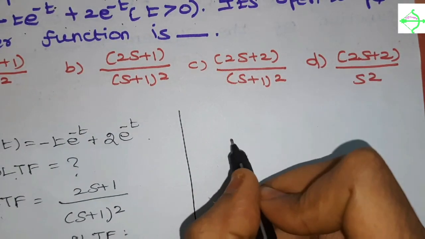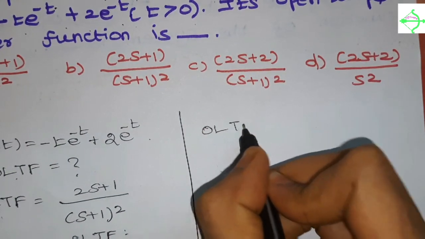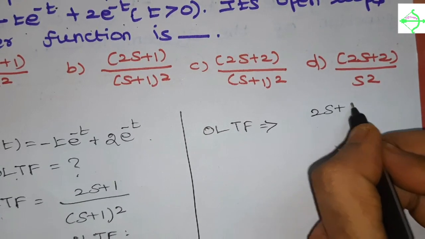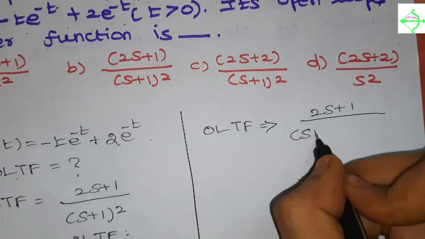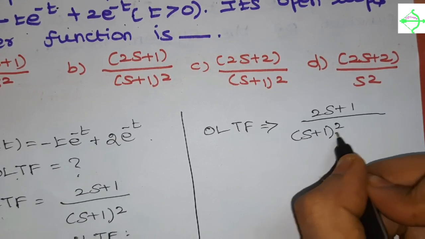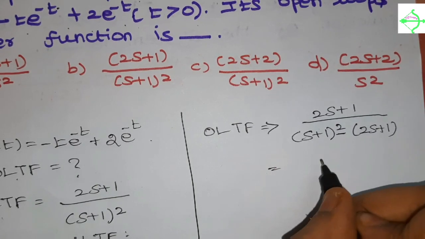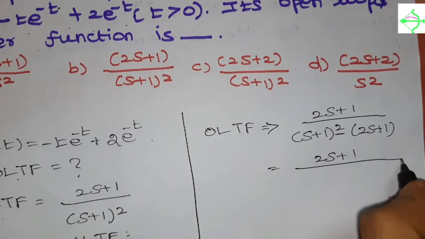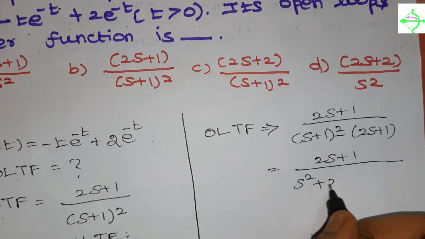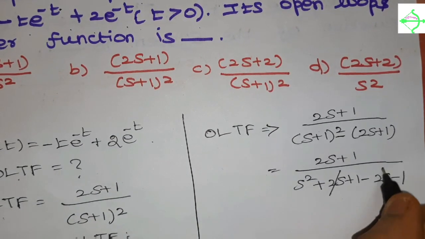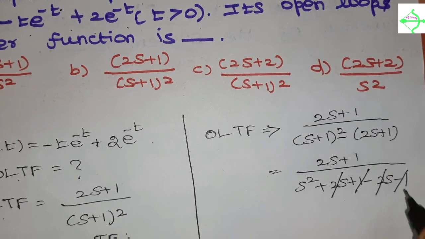So here, to find out the open loop transfer function, we have to subtract the numerator term. We will get the open loop transfer function. Expanding (s+1) the whole square, s square + 2s + 1 minus 2s minus 1: the 2s gets cancelled, the 1 gets cancelled.